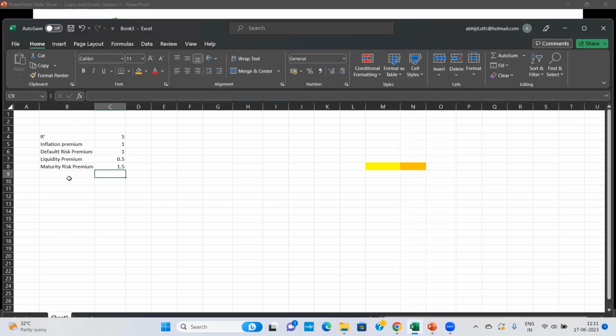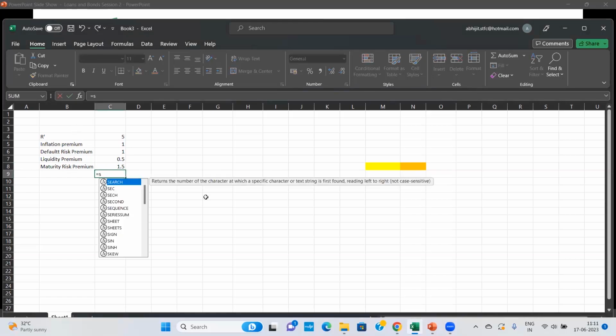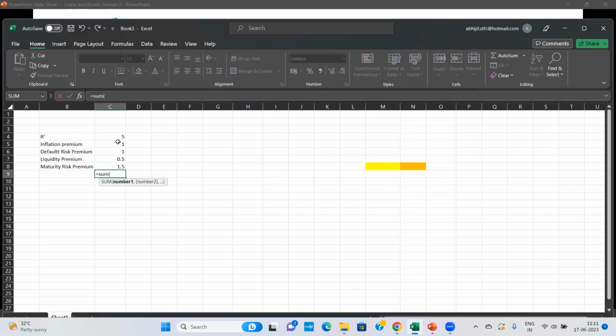Now my required rate is the summation of these 5. 9% is my required rate.